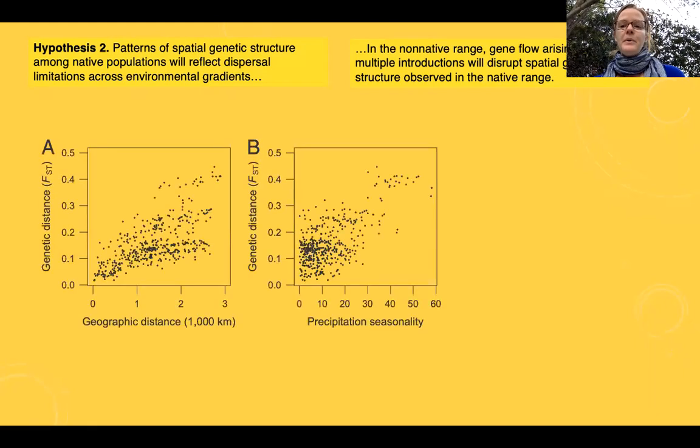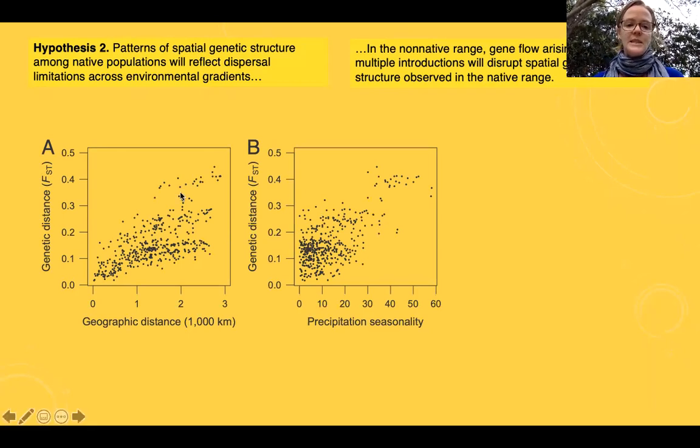So just keeping with that same hypothesis for a minute, we also looked at FST, a measure of genetic differentiation between all pairs of populations in the data, to see whether they were related both to geographic distance and to environmental variables, which we did with a type of model called generalized dissimilarity modeling. We found quite a strong effect of geographic distance, but only when we looked at just the native range.